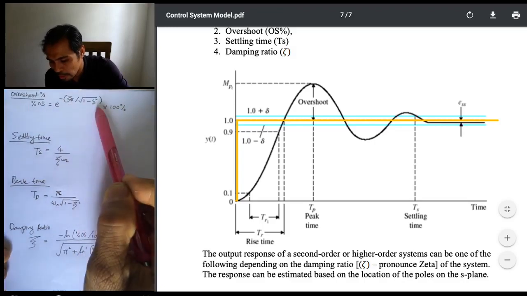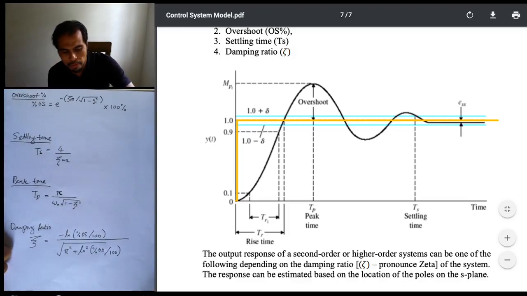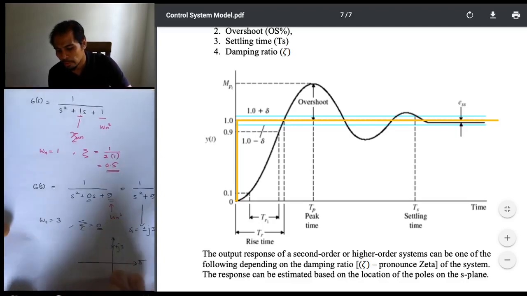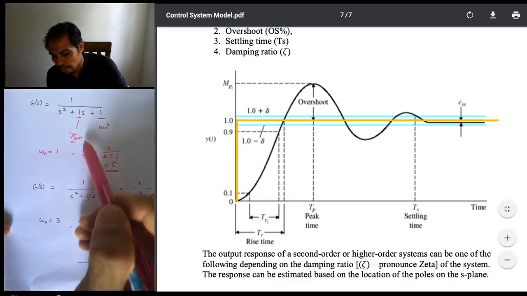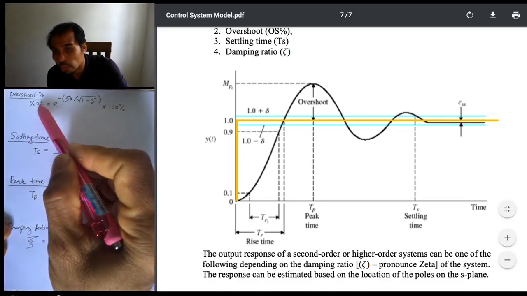When you know zeta, you can find overshoot. From the transfer function we can find zeta, and from that damping ratio, we can find overshoot.